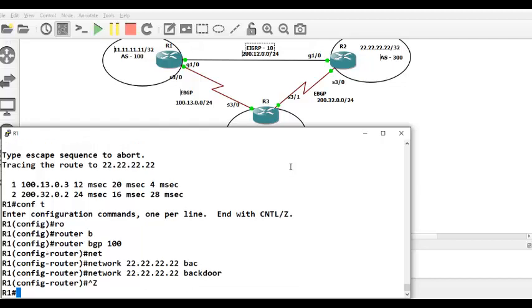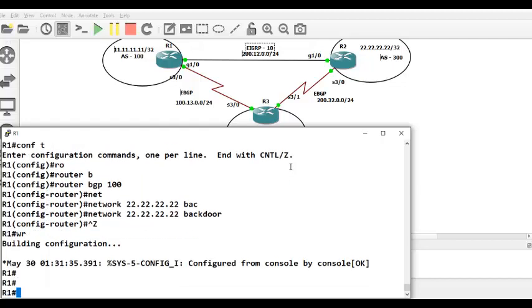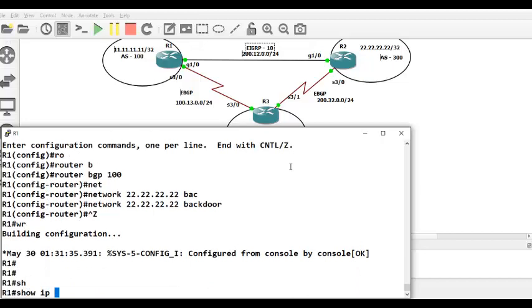Now let's go and check. You need to do it for all the networks. So now I'm going to say show IP BGP.